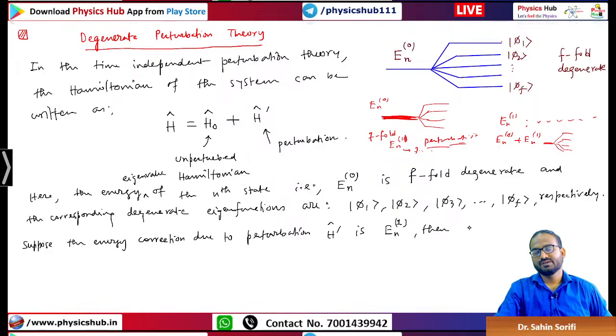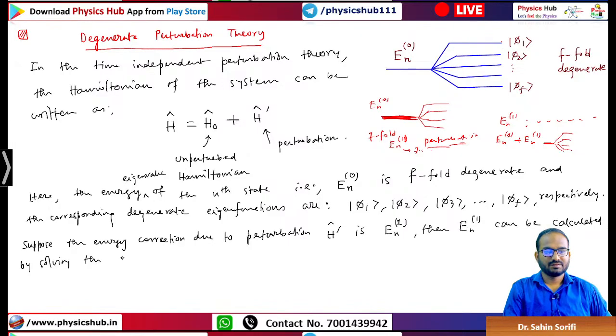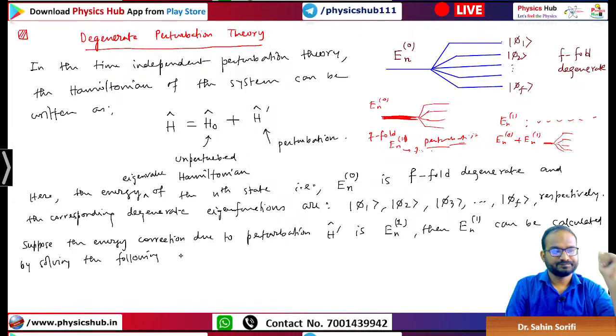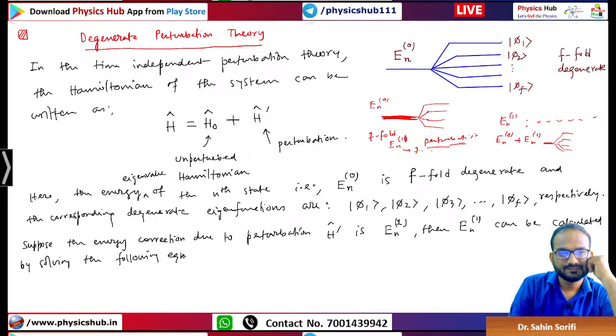Then En1 can be calculated by solving the following equation containing the secular determinant.